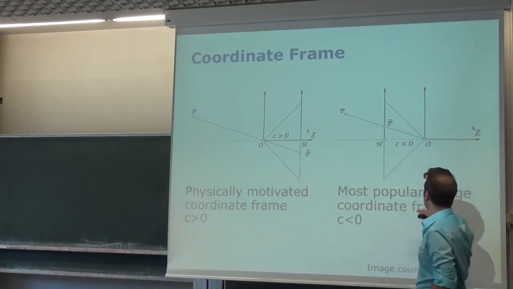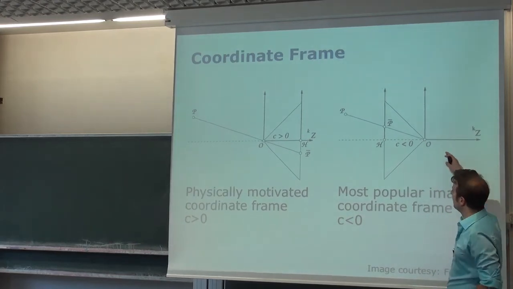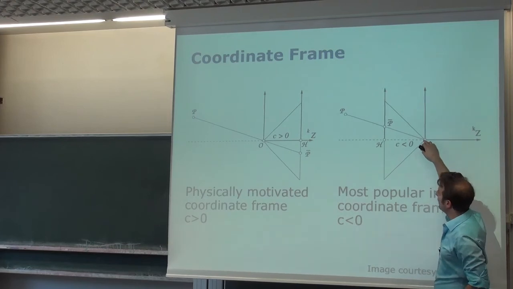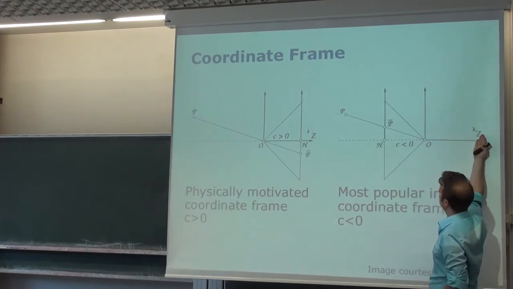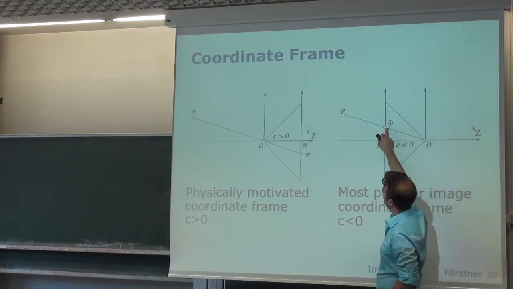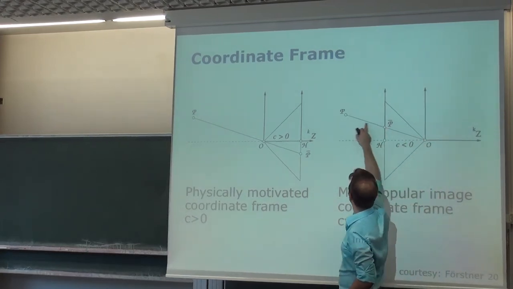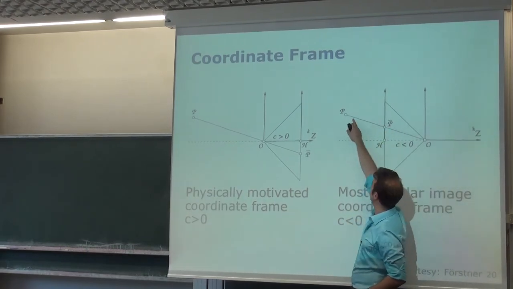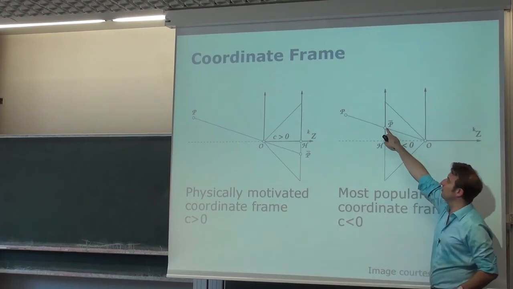Or I take something which is often used in image processing and computer vision, where we say, okay, we basically just flip the image from this side to the other side. So then we have the origin, and the point P prime is on the negative side of the z coordinate. So I can see that this point is actually projected onto this image plane.